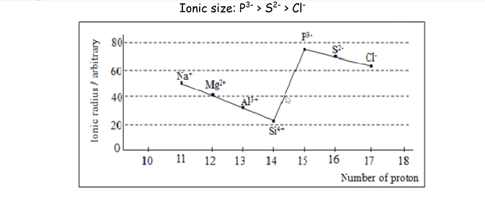The repulsion between the electrons increases because we added electrons, and the attraction between the nucleus and the remaining electrons becomes weaker. That's why there is an increase in size here. But from P3 minus to Cl minus, again it is related to the proton number. The proton number increases, the effective nuclear charge increases, so the attraction between the nucleus and the remaining electrons gets stronger. That's why the size decreases.